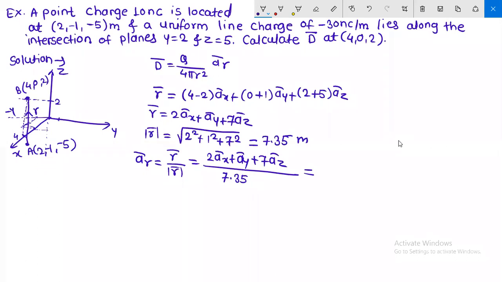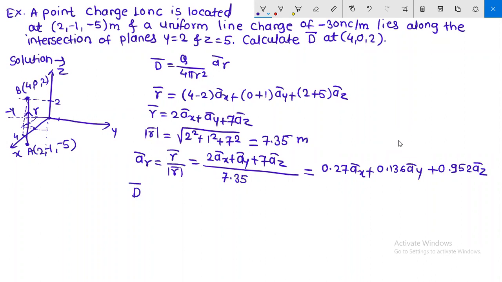So it is 0.27 A bar X plus 0.136 A bar Y plus 0.952 A bar Z.